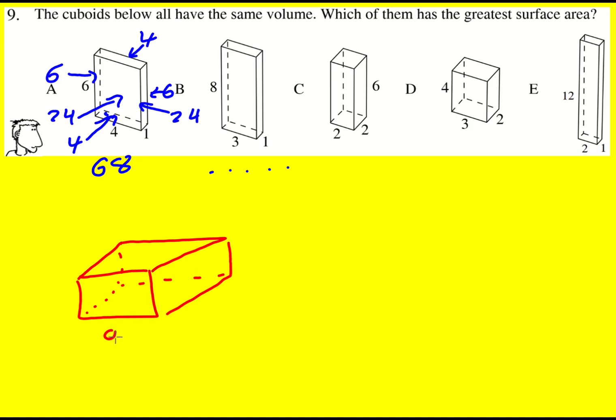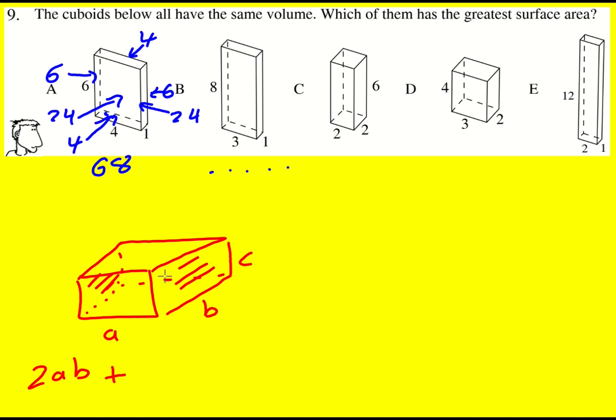So let's say we've got a cuboid with sides A, B, and C. Then actually let's do the right-hand side first would be AB, but then the left-hand side is also AB, so I'm going to get 2AB.